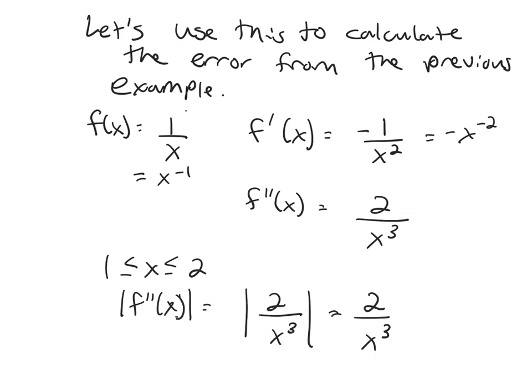So if I want to make the value as large as possible, I need to make x as small as possible, because a small number in the denominator means a bigger number. So what's the smallest x can be? 1. So this is less than or equal to 2 over 1 cubed, or 2. So that's going to be my k value, my bound on the second derivative that I needed.